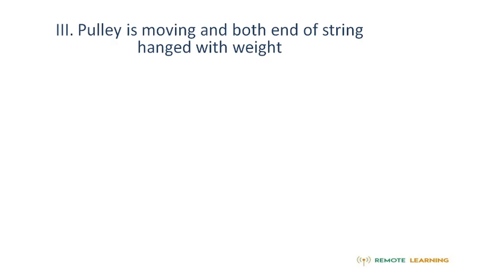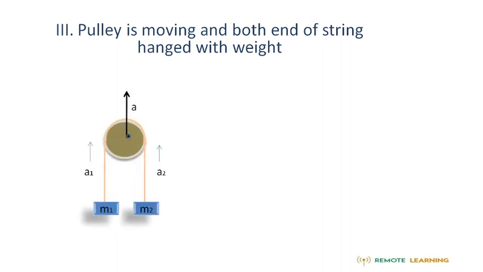Third case, pulley moving and both ends of string hanging with weights. In this case, you can see that the pulley is rotating as well as moving upward with acceleration a. Again applying tricks, on the left portion the upper end is increasing length with acceleration a and the lower end is decreasing length with a1.